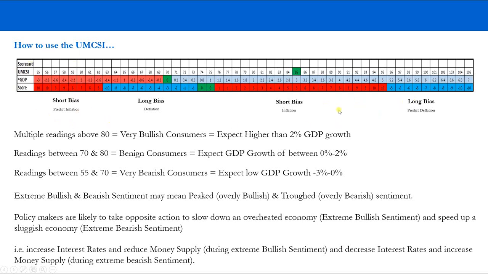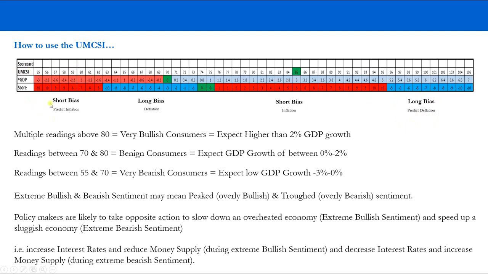So in the extreme cases, this is what we have. We're predicting that in the future, policymakers are going to react to this situation, and we're predicting deflation. So in the extreme case of very high readings in the UMCSI, we will look to have a long bias.